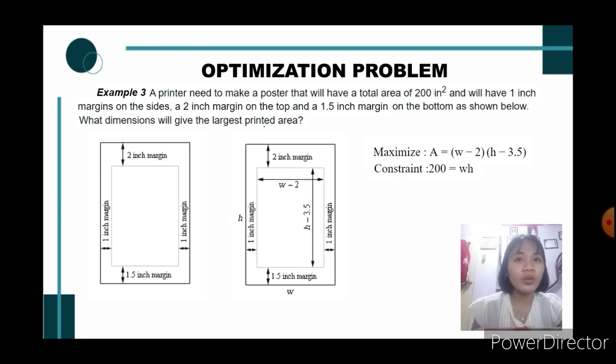So first, we need to solve the constraint. Solving the constraint for h and plugging into the equation for the printed area gives us the function A(w) equal to the quantity w minus 2 multiplied by 200 over w minus 3.5.